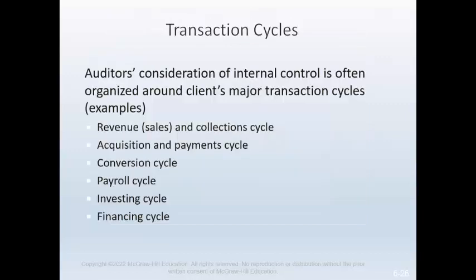A transaction cycle or class of transactions is a sequence of procedures applied by the client in processing a particular type of recurring transaction. While they differ from company to company, typical cycles include the revenue cycles of sales and collection, the acquisition cycle of purchases and disbursements, the conversion cycle, which includes production, the payroll cycle, investing cycle, and the financing cycle.